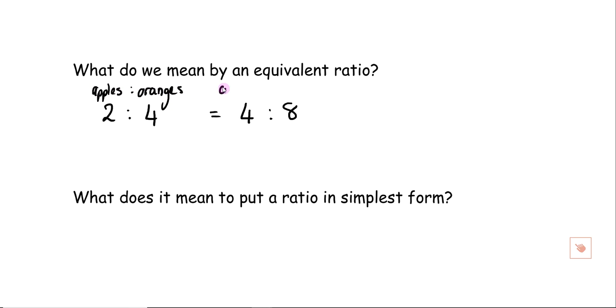And this is also apples to oranges. Do they mean the same thing? Just checking. So does this one mean that there are 2 apples and 4 oranges? Does it? So then 4 apples and 8 oranges is not the same thing. No, it's just equivalent.